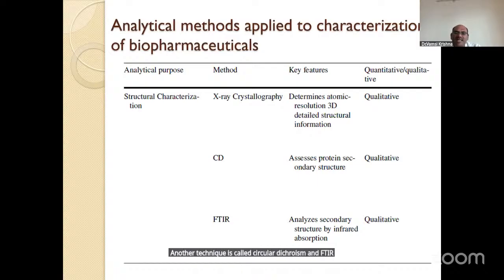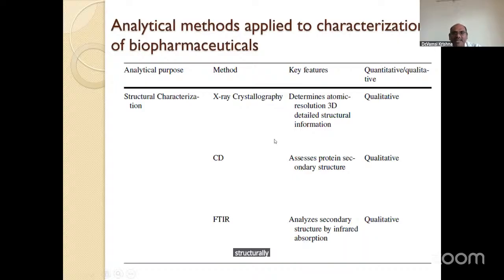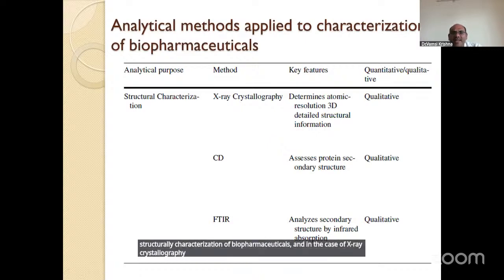So these are the three important techniques: X-ray crystallography, circular dichroism, and Fourier transform infrared spectroscopy. We use these three techniques for structural characterization of biopharmaceuticals. In X-ray crystallography, we are determining 3D structural information.